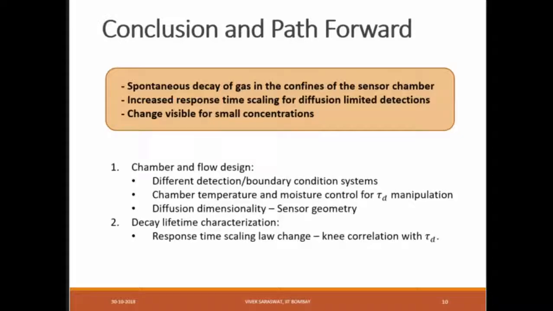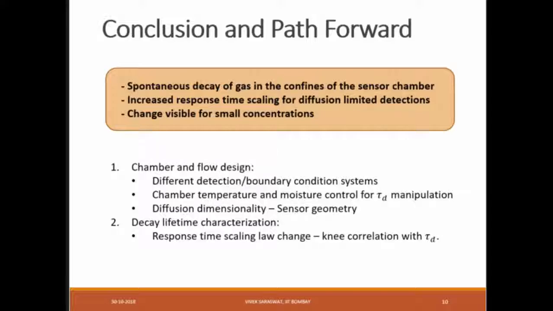Going forward, this can be important information for chamber designers and flow designers, because this is expected to operate at all geometries, in 2D and 3D also. And this tau d, the lifetime, is a strong function of moisture and temperature. So we would like to keep a check on the lifetime by keeping a check on the temperature and moisture inside our chamber to avoid the decay of the gas.